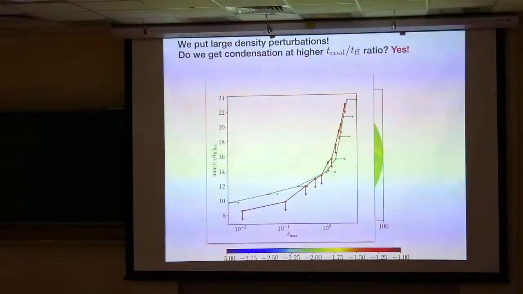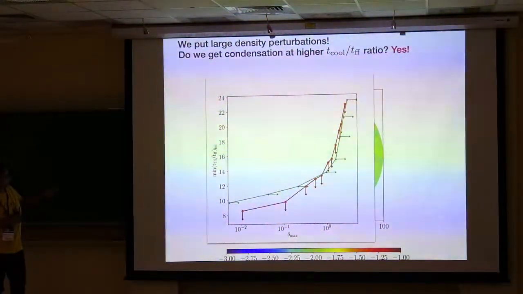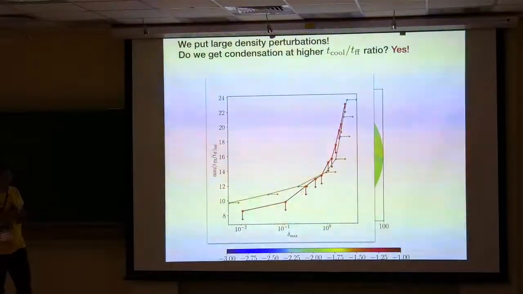And we discover something else as well. These curves correspond to a parameter space. The x-axis is the density perturbation delta rho by rho, and the y-axis is the T_cool by T_ff. T_TI differs from T_cool by a factor.